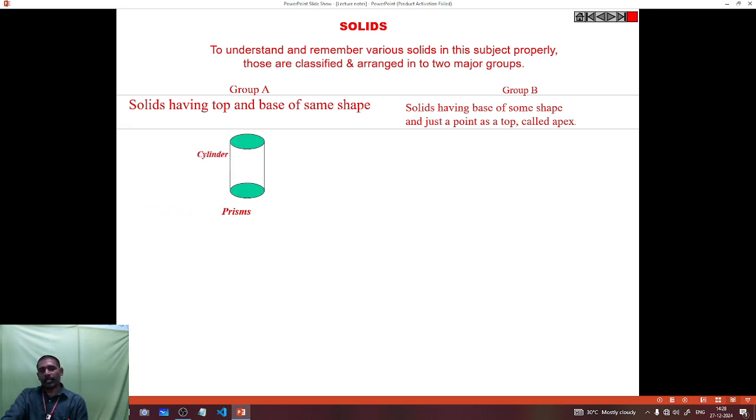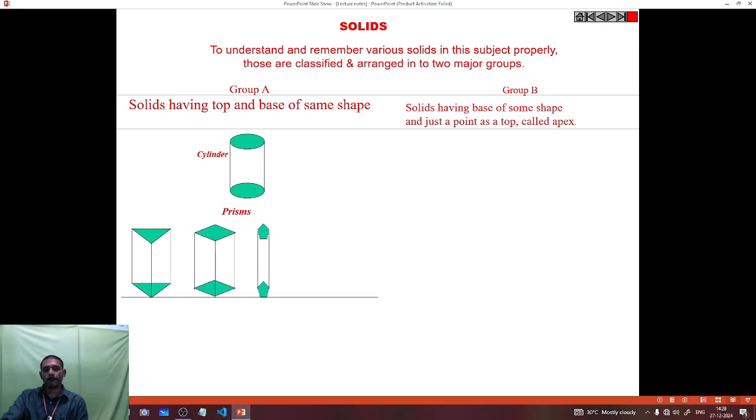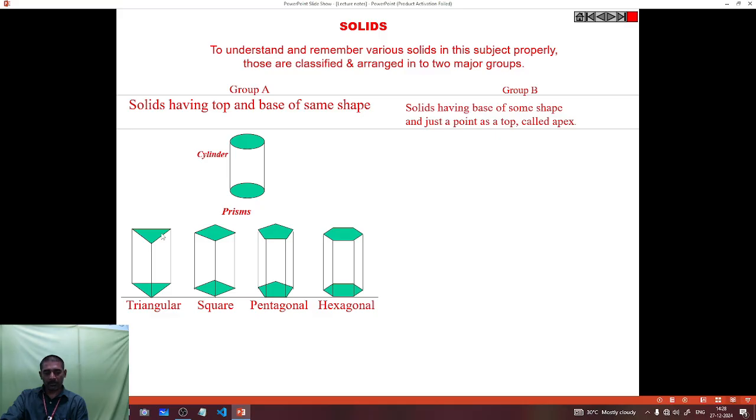Group A, an example is the cylinder. See some other examples: triangular prism, square prism, pentagonal prism and hexagonal prism. The prisms and the cylinder come under the group A category. Cube also.